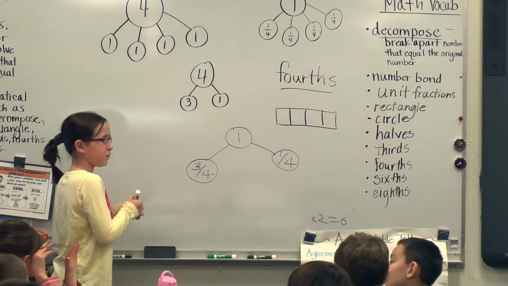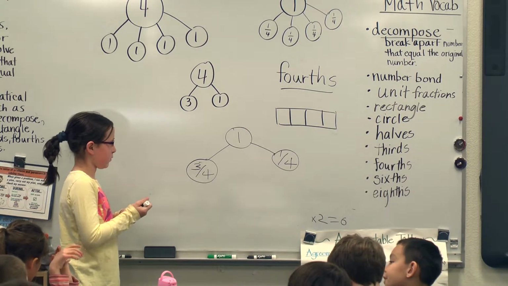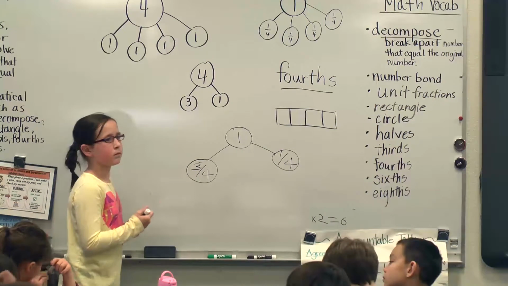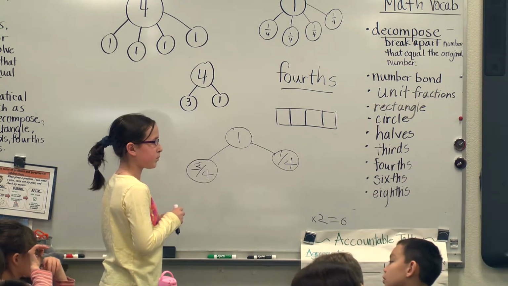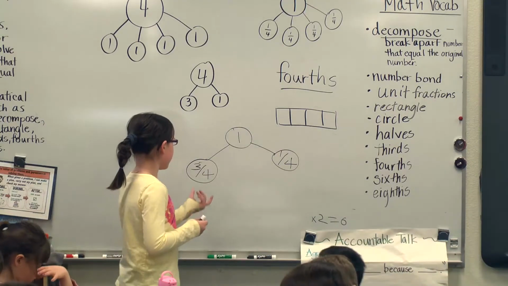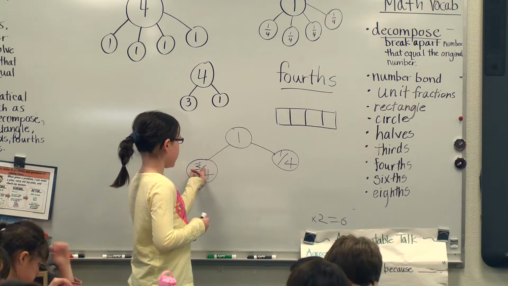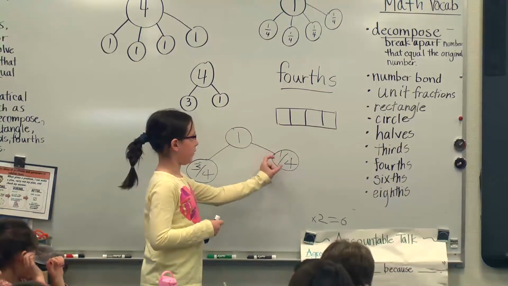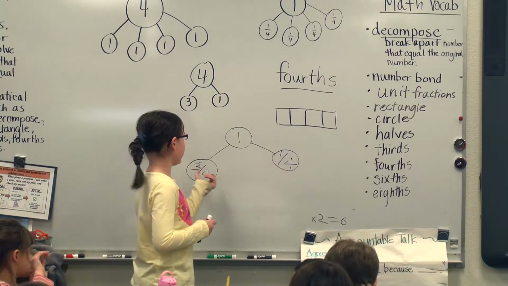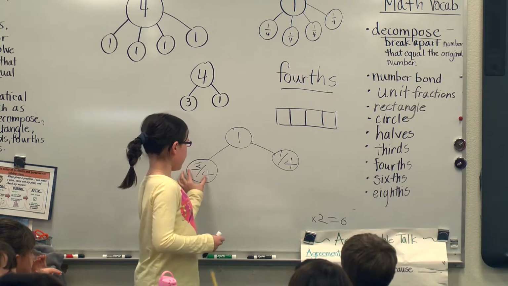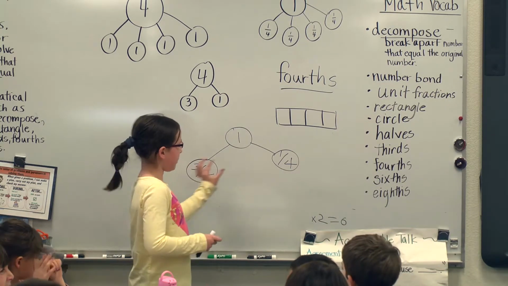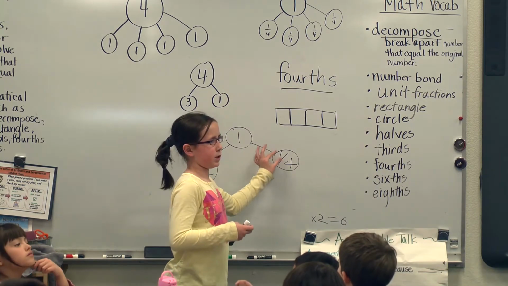All right, why did you put 3/4 on one of the parts of the number bond and 1/4 on the other part? Because 3/4 is 3 copies of 1/4, which is the unit fraction.